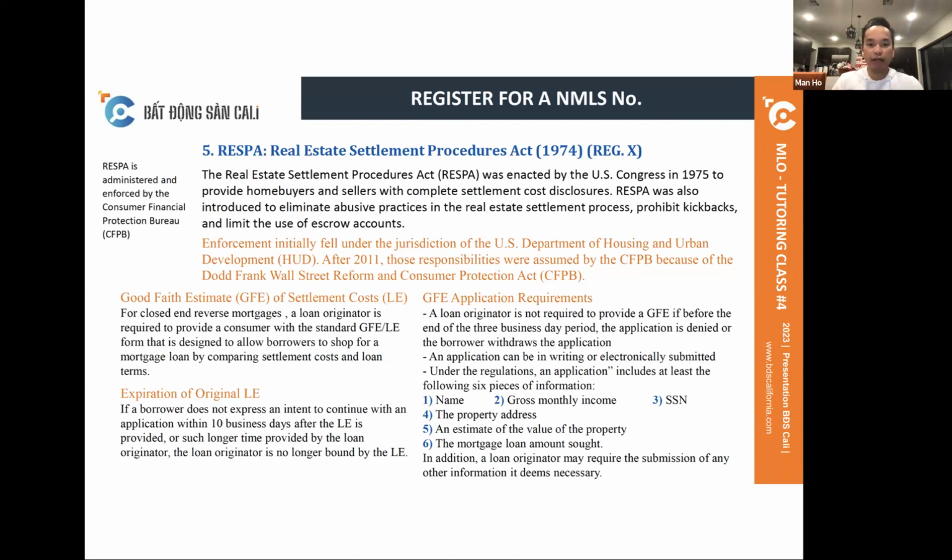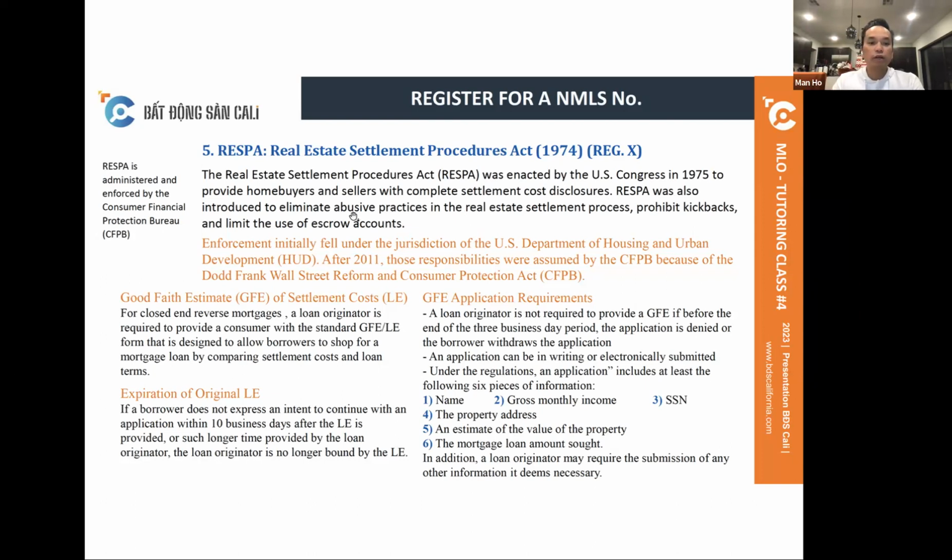You cannot mix them together. If you mix them together, it's called commingling. That is a no-no. You have to keep your company money separate from client money in the escrow account, in a separate bank account. Otherwise you're commingling and you get in trouble. You get fined. You get penalty.